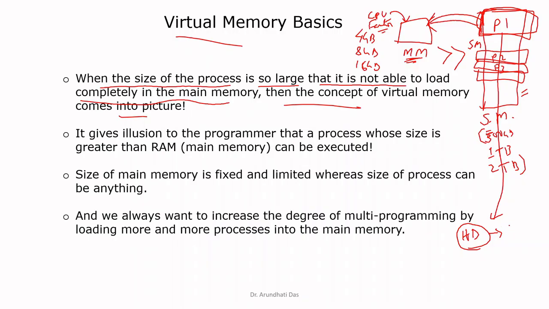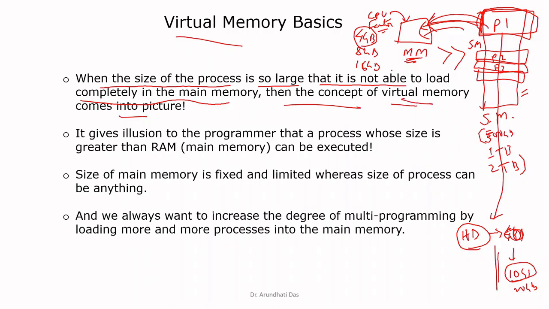The size may vary from 4 GB up to 10 GB to 20 GB, very high definition media files mostly. So when I have to load to my maybe 4 GB RAM a particular process having size 10 GB, how will I do that?